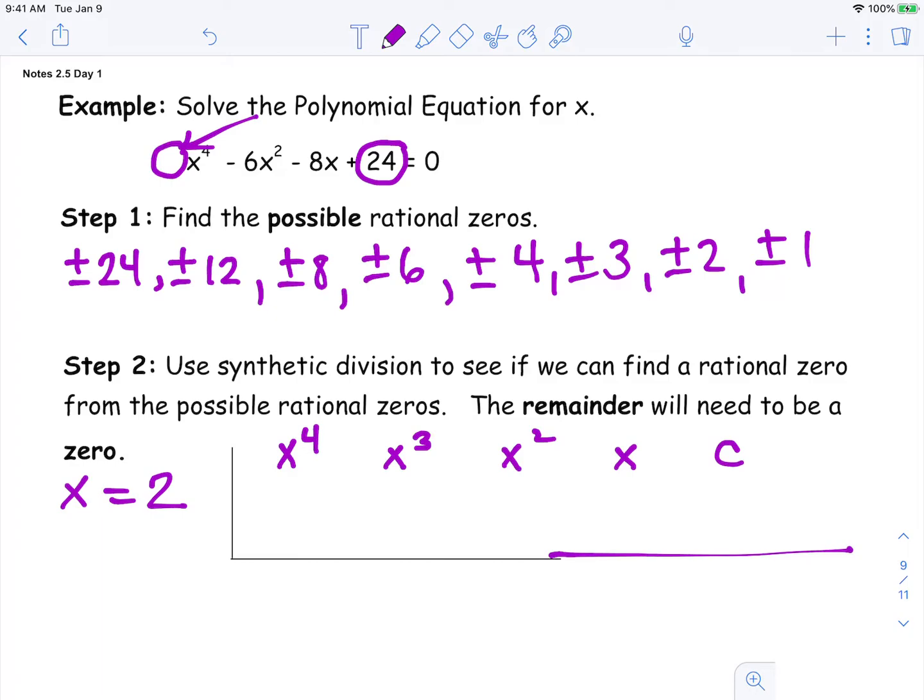Put your coefficients in. 1, there isn't an x cubed term, x squared, x, and constant.